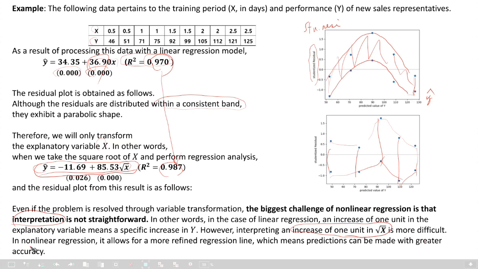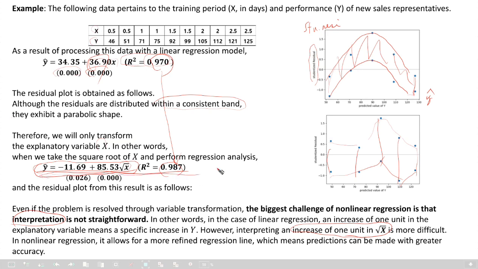Nonlinear regression allows for a more refined regression line. This is a better, more refined regression result, which means a prediction can be made with greater accuracy.